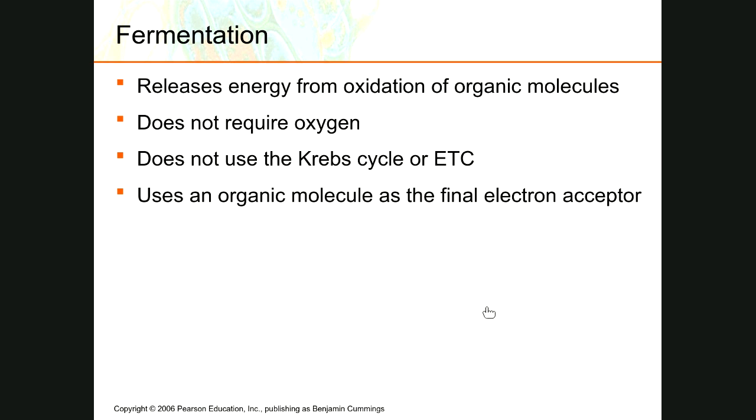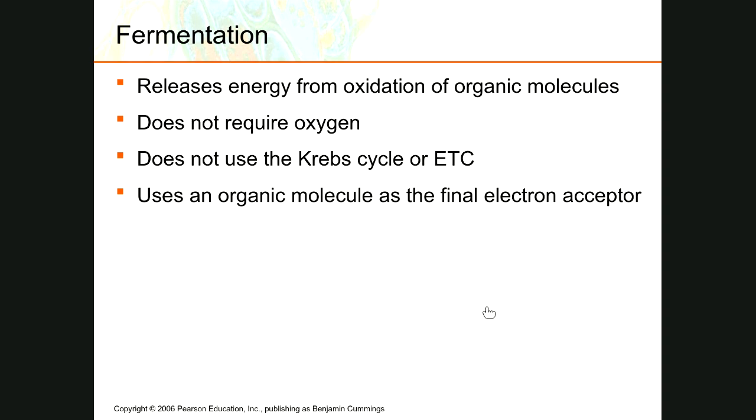So that was aerobic cell respiration. The one type of anaerobic respiration we're going to talk about is fermentation, since fermentation is very important for bacteria and other microorganisms as well as us. So again, there'll be a food molecule like glucose. It's going to be oxidized, but oxygen is not going to be used in this case.